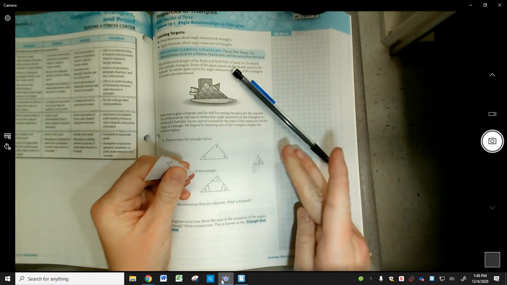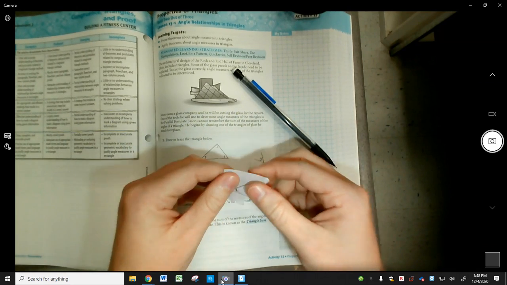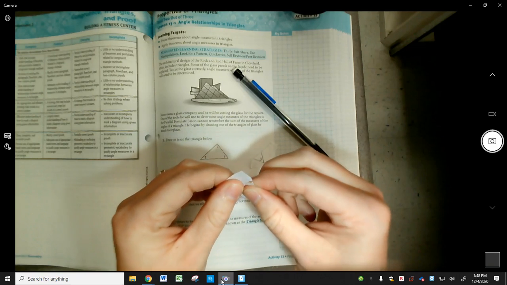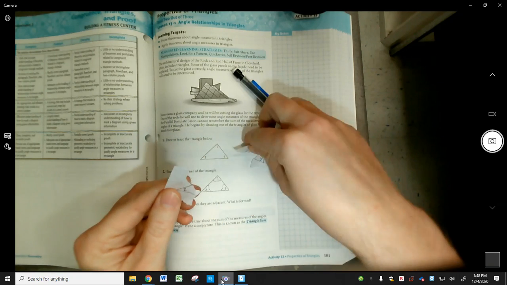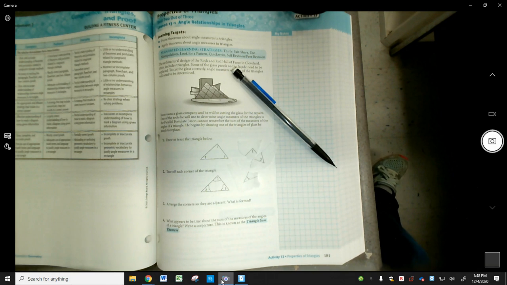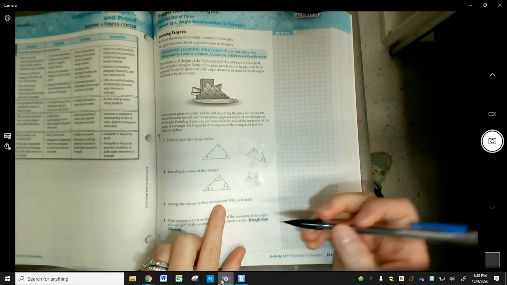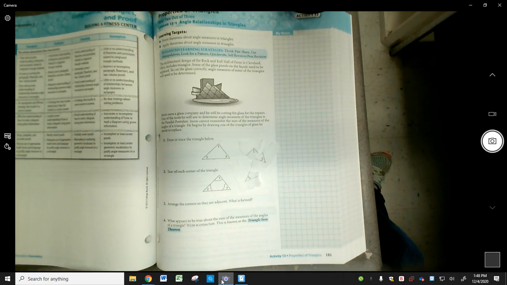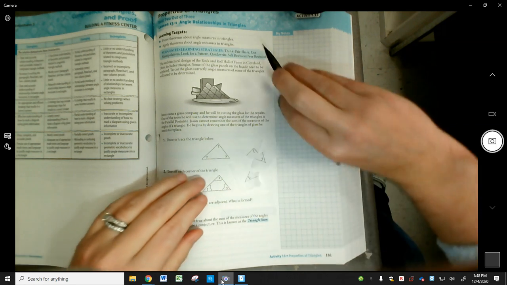So there's one of my angles, and there's the other, and there's the third one. Then it wants you to arrange the corners so that they are adjacent. Adjacent means that they share a side and they have a common vertex.